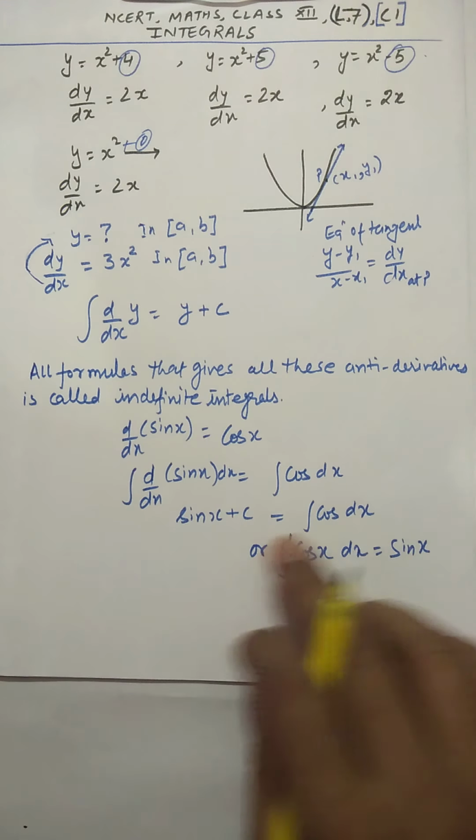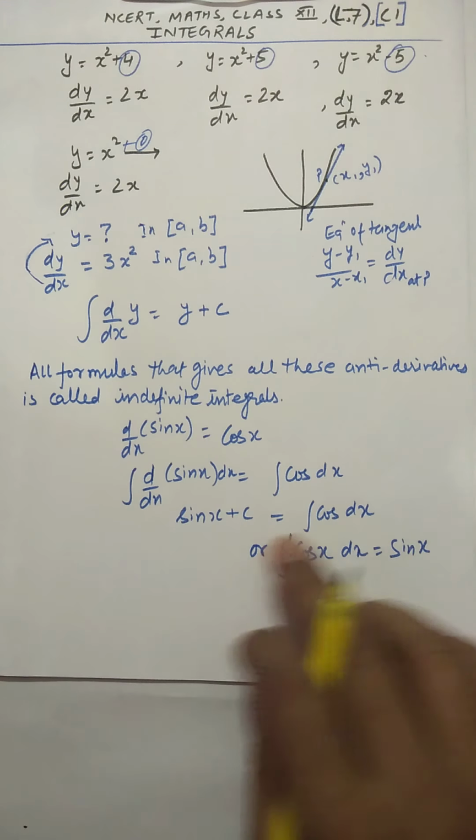You can write this plus c this way also. This is one of the formulas, and this formula is one of the indefinite integrals. There are many more formulas, so this is just one of them.